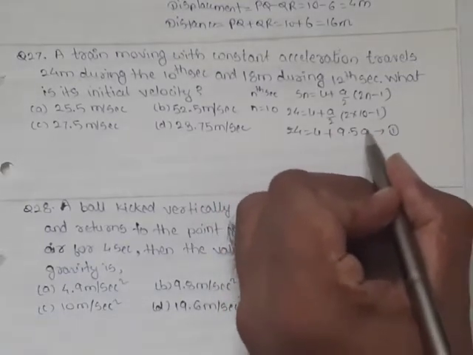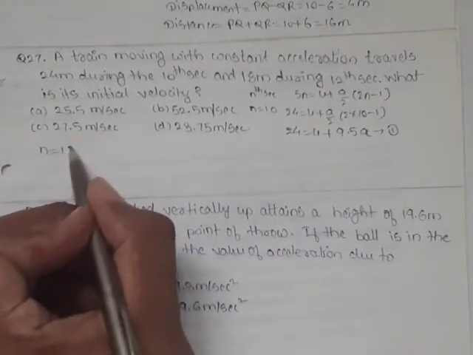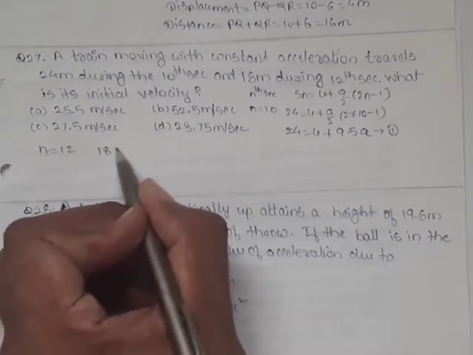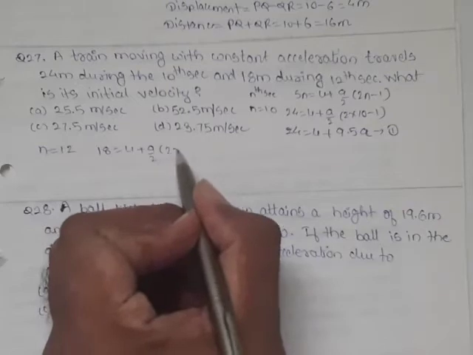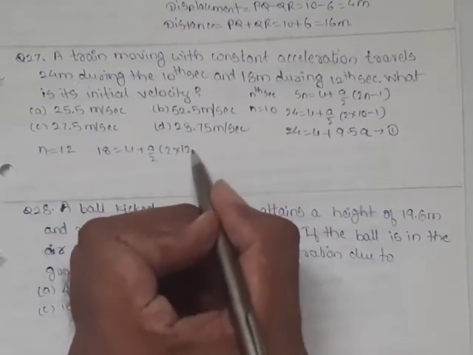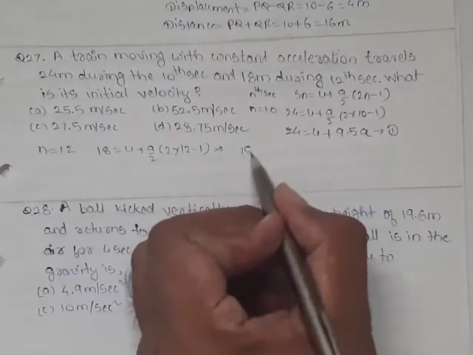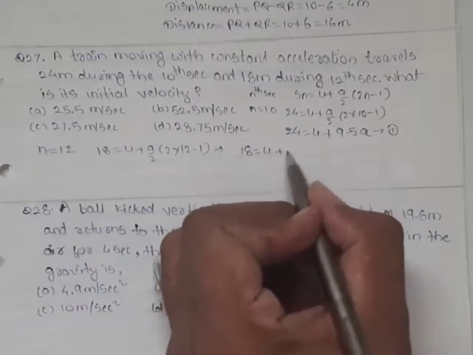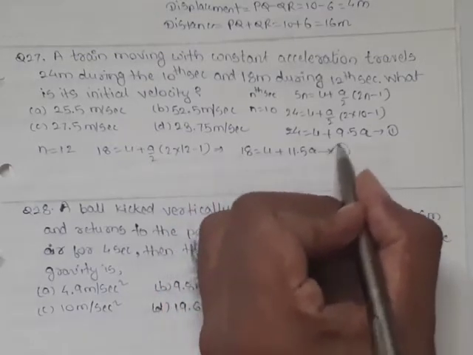We will say that this is equation 1. Now for n equal to 12 seconds, our distance traveled is 18 meters. 18 equal to u plus a by 2 into 2 into 12 minus 1. This equation becomes 18 equal to u plus 11.5a. This is equation 2.